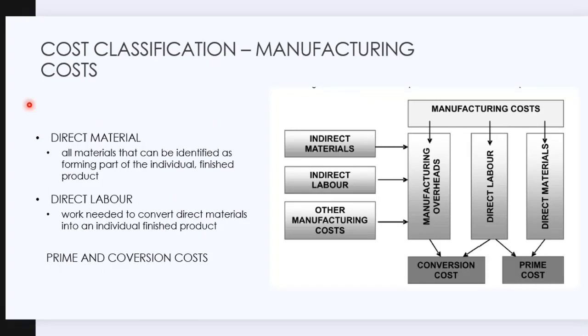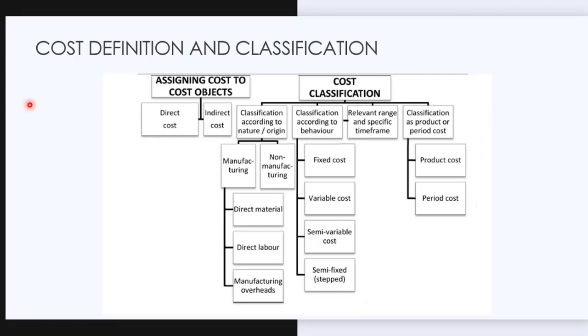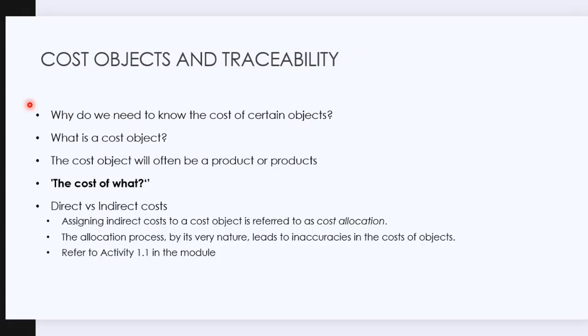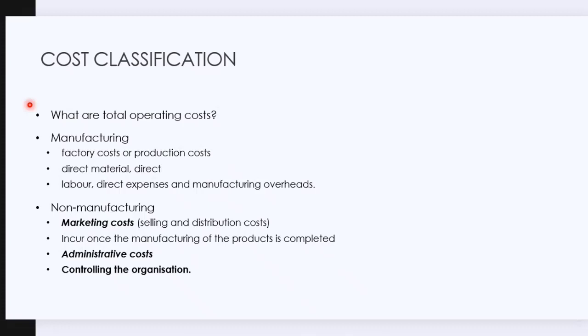And then, we defined what the cost is in terms of what a cost object is and how you can trace it. And we know classifying the costs. Sorry about that, using a laser sometimes.